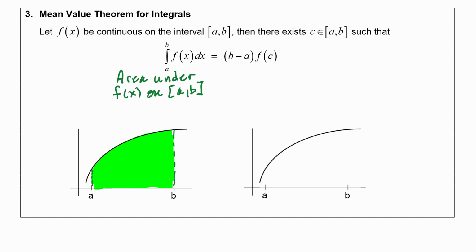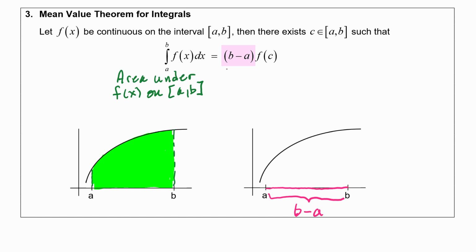Now let's compare that to the right-hand side, the quantity b minus a times f of c. We know that b minus a gives us the distance between a and b. So that's this distance right here.